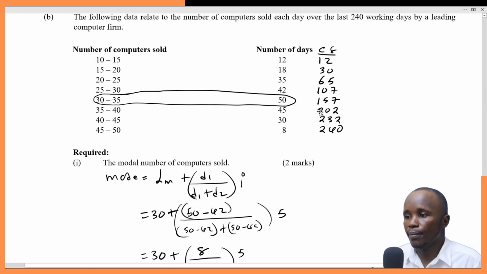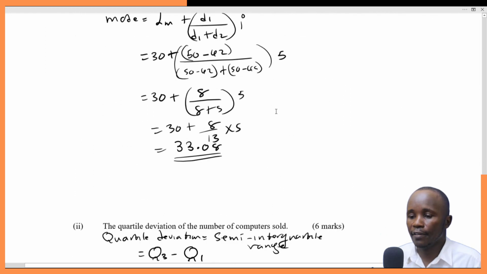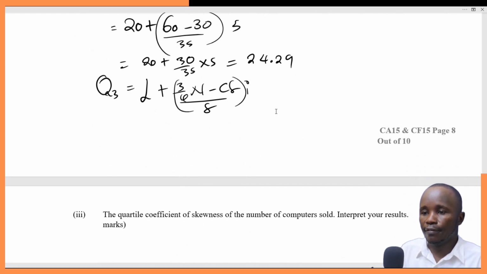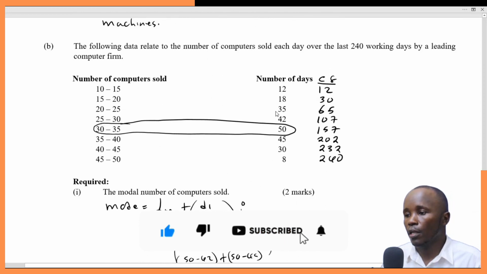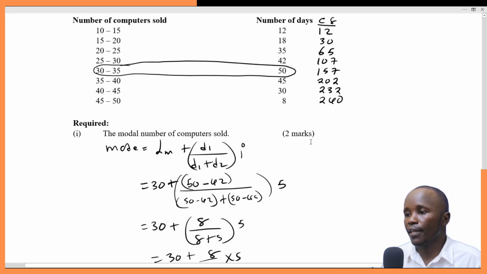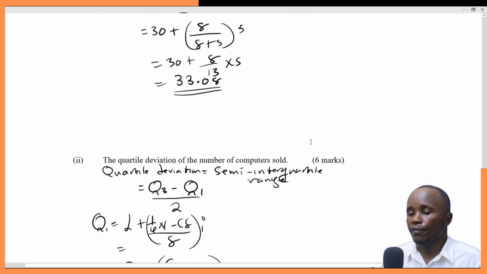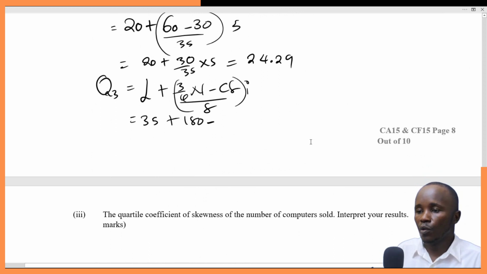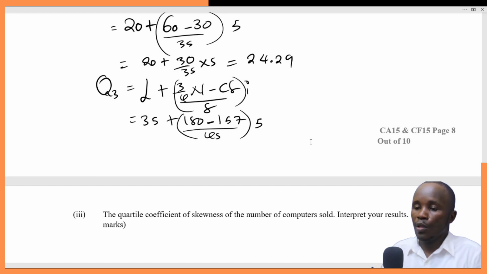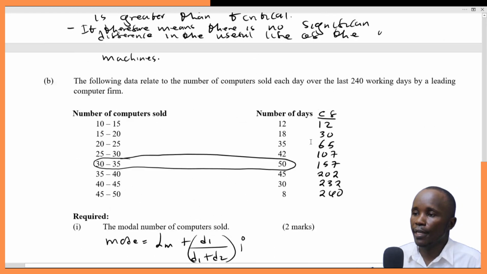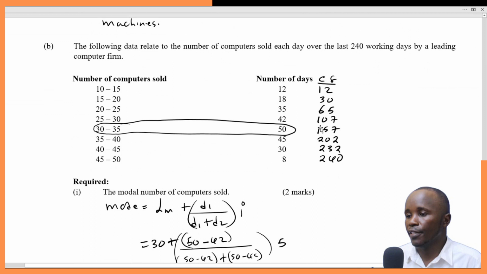So my lower class limit here is 35, plus 180 minus the cumulative frequency before, which is 157, and the frequency of that class is 45, times 5. I hope that is clear.